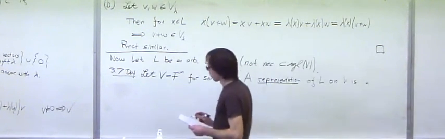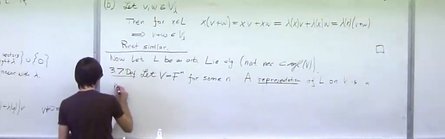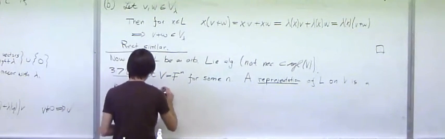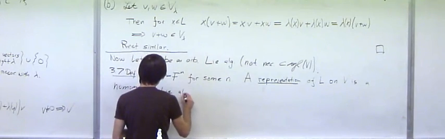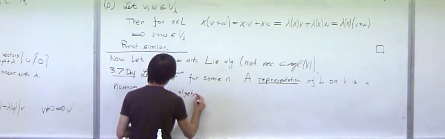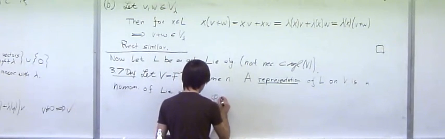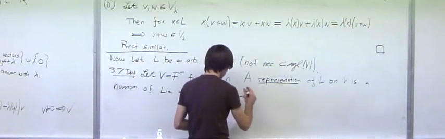This is a homomorphism of Lie algebras, say phi from L to GL(V).